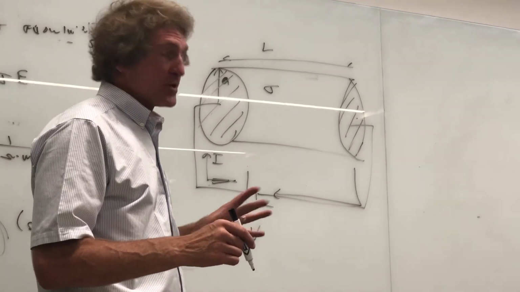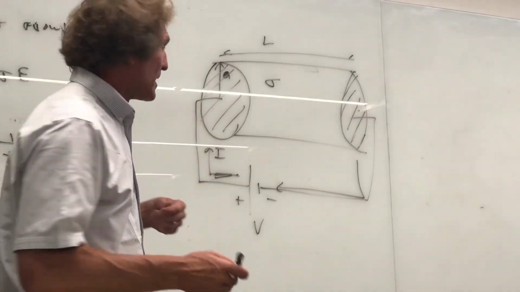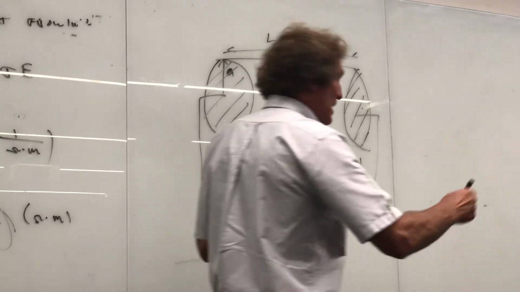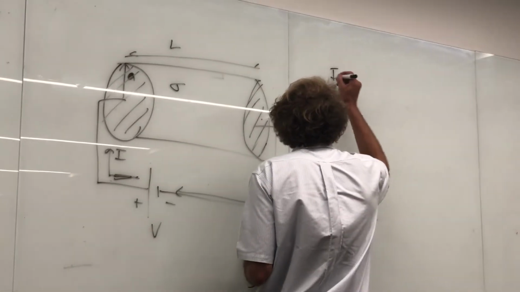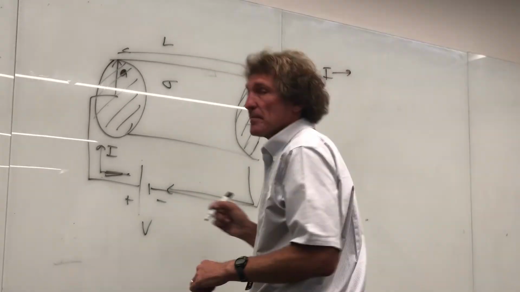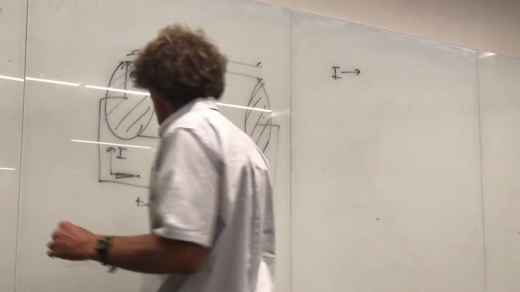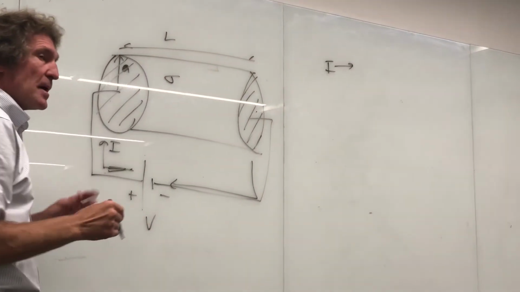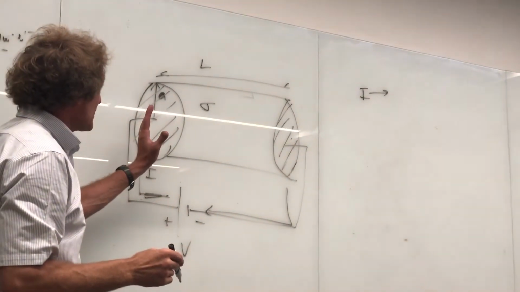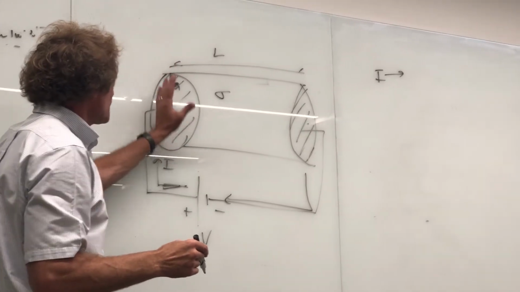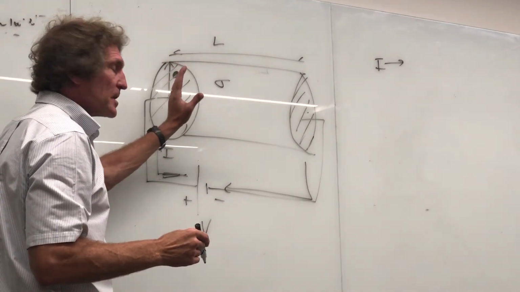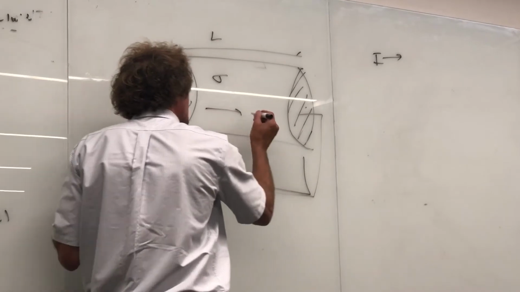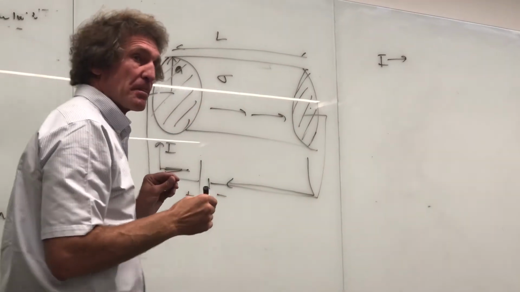Usually, unless there's a really good reason not to, you start with the current. I'm going to assume I. So I'm assuming there's a certain current flowing here. That current I'm assuming is uniformly distributed over the surface, and all the current is flowing this way. Do you agree with me then?